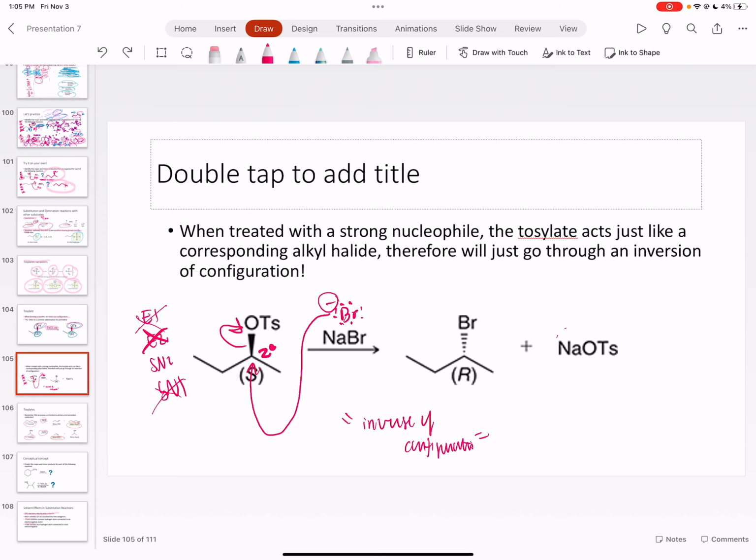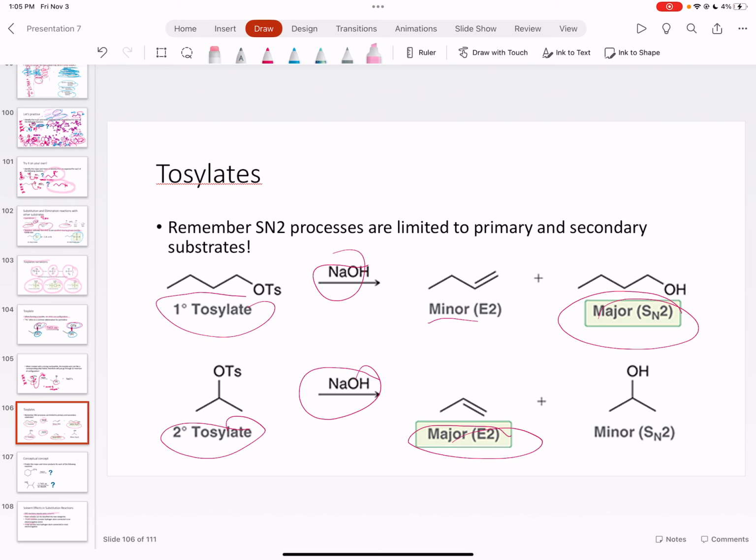And it went from S to R. So tosylates, remember, they're just like a halide. So with primary tosylates, not bulky, the major is going to be an SN2. Secondary, not bulky, the major is going to be E2.